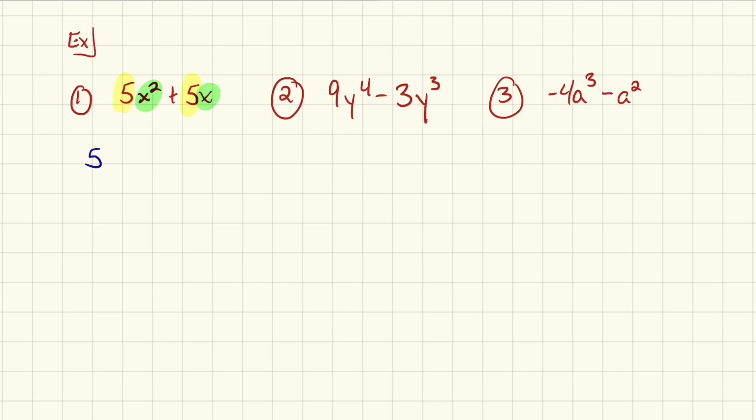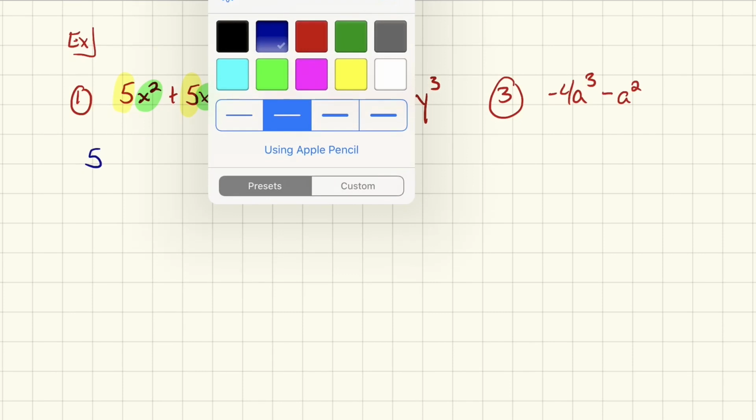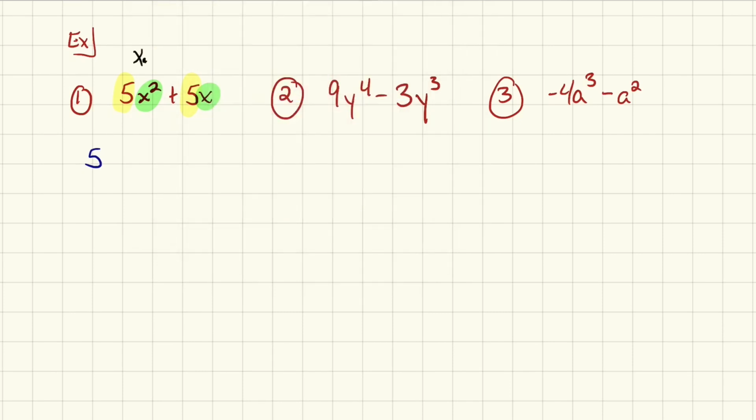Well, we have to understand what we are saying, right? X squared, we know, is really just x times x. So we have two x's next to each other there being multiplied. And we know that the x is just one x by itself. So when I'm trying to take the greatest common factor of variables, if I look at the variables this way, what's the largest amount of x's I can take away from both terms at the same time?